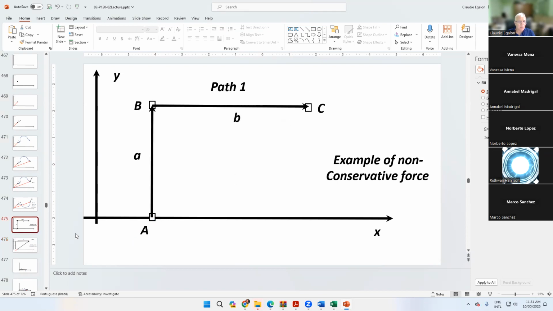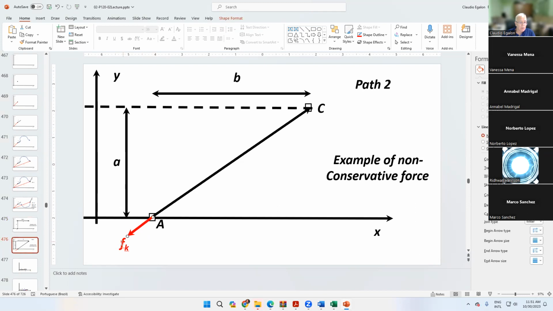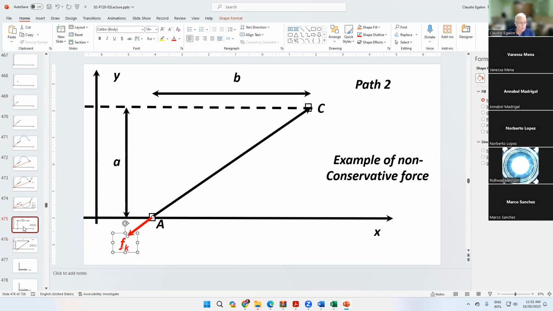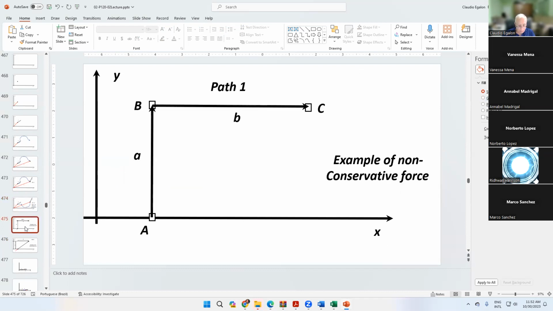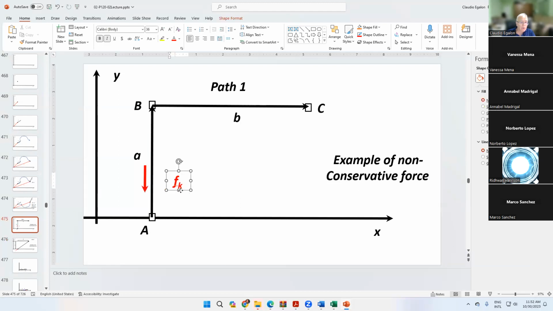What about the other case? In the other case, we have this same force of friction, the same value, right? But this force of friction has a different direction because we're taking a different path.